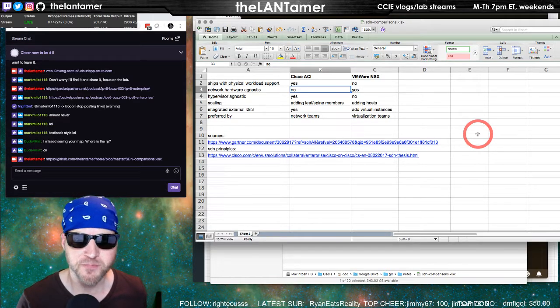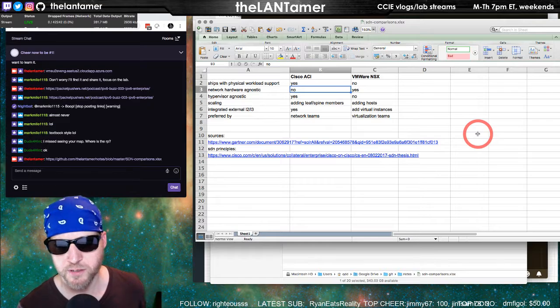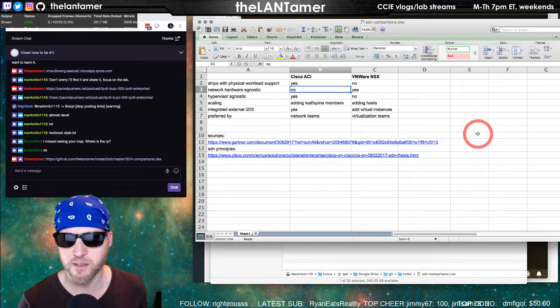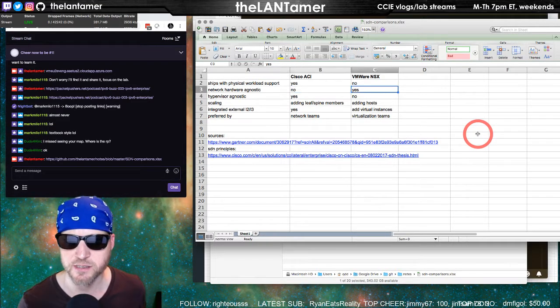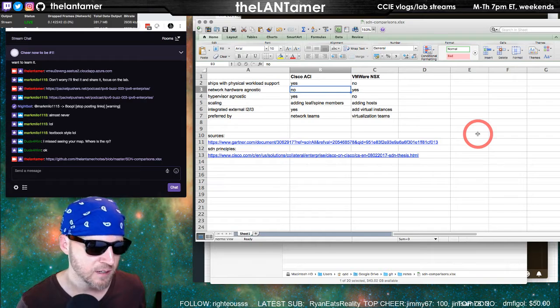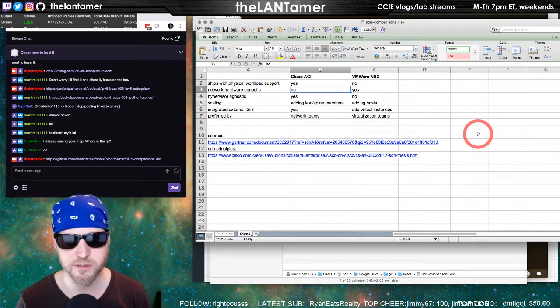They have a lot broader support in terms of what type of networking devices the host can interface with. A lot of different vendors support NSX, right? You cannot, that I'm aware of, support ACI on a Juniper switch, for example.